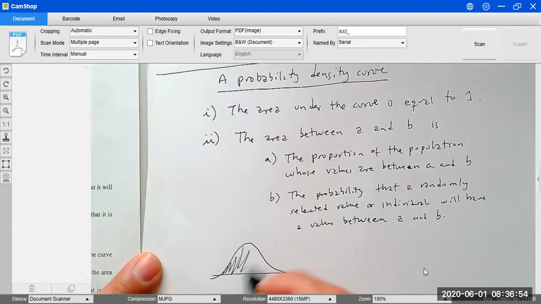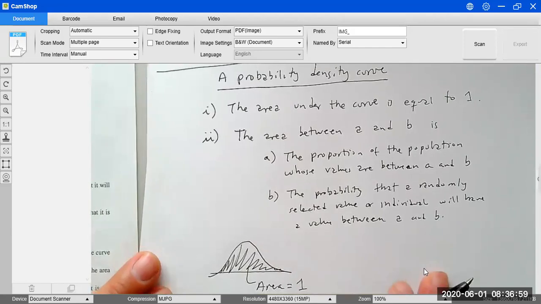The entire area under the curve, the total area, is equal to 1.